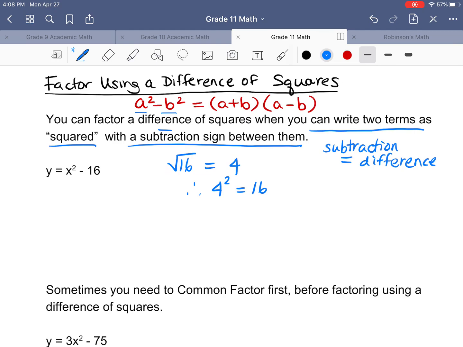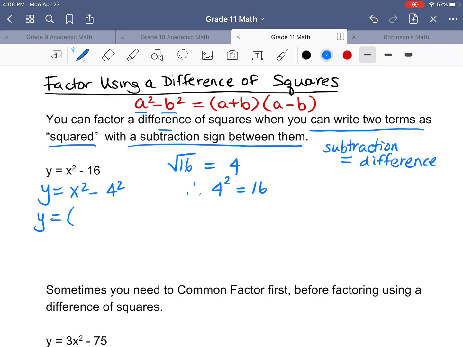So I'm going to now rewrite y is equal to x squared minus 16 as y is equal to x squared minus 4 squared. Okay, so now we have it written as something squared minus something squared. And that looks like a squared minus b squared that we see up above. So to write it out as factored though, we would then follow the pattern up in red above here, right?